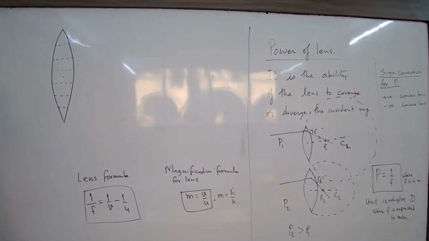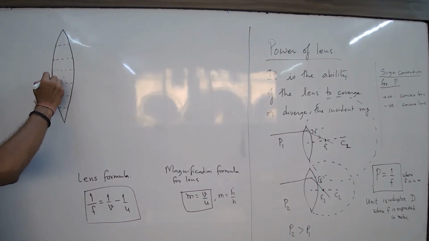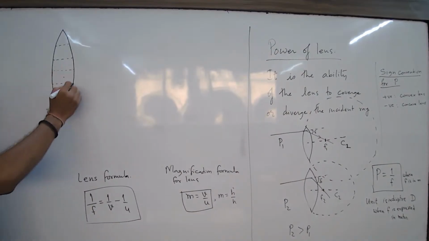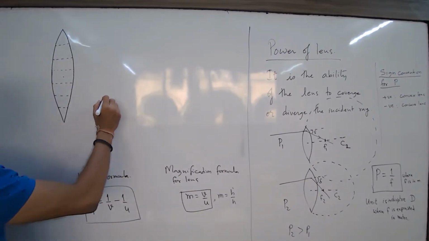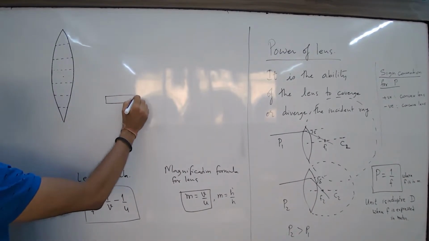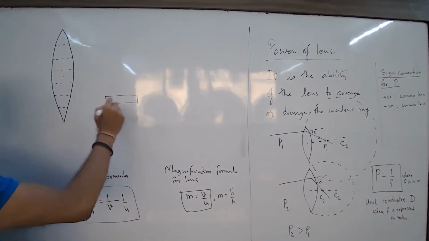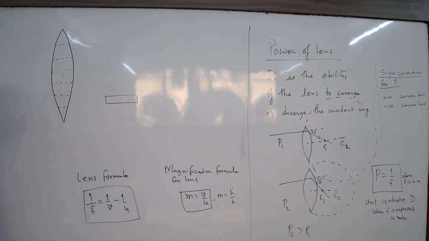But if you look at the middle part of the lens, and these are thin lenses, this part is like a rectangular glass slab. Whenever light enters a rectangular glass slab, are you going to get any deviation?